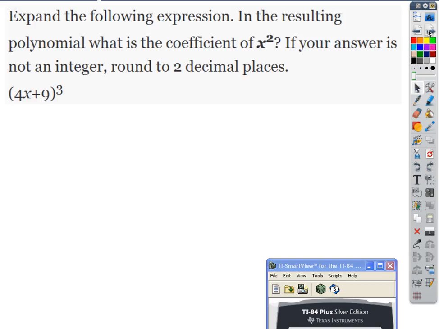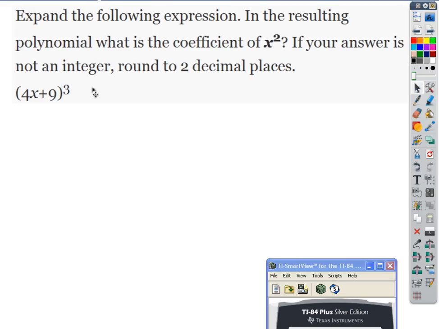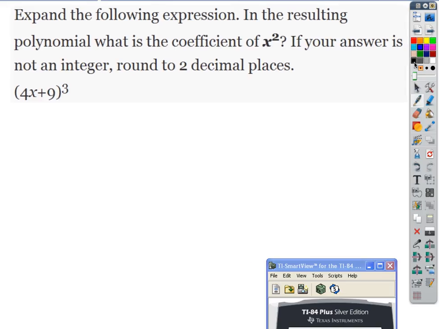Now there is a shortcut. We know that (a plus b) cubed, we have a pattern for that. Remember this one? That's a cubed plus 3a squared b, plus 3ab squared, plus b cubed. Remember the a's step down and the b's step up? We have that pattern.